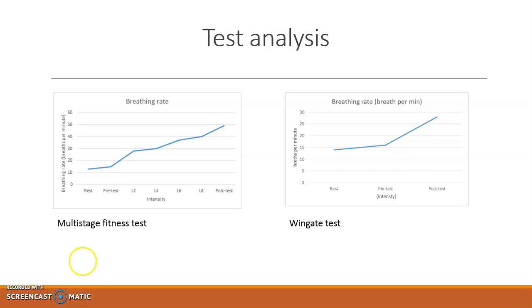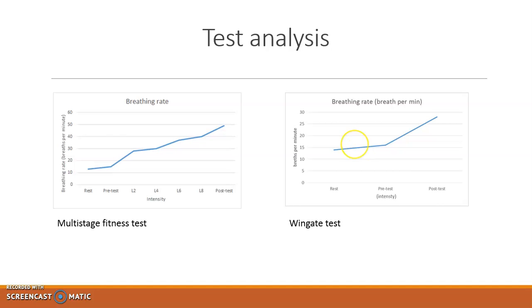The second test we did was the Wingate test. During the Wingate test, there is higher intensity than the multi-stage fitness test, but for a shorter duration. We will still see the same anticipatory rise in breaths per minute before the exercise, as shown here. That's for the same reason, as our body starts to prepare us with adrenaline.